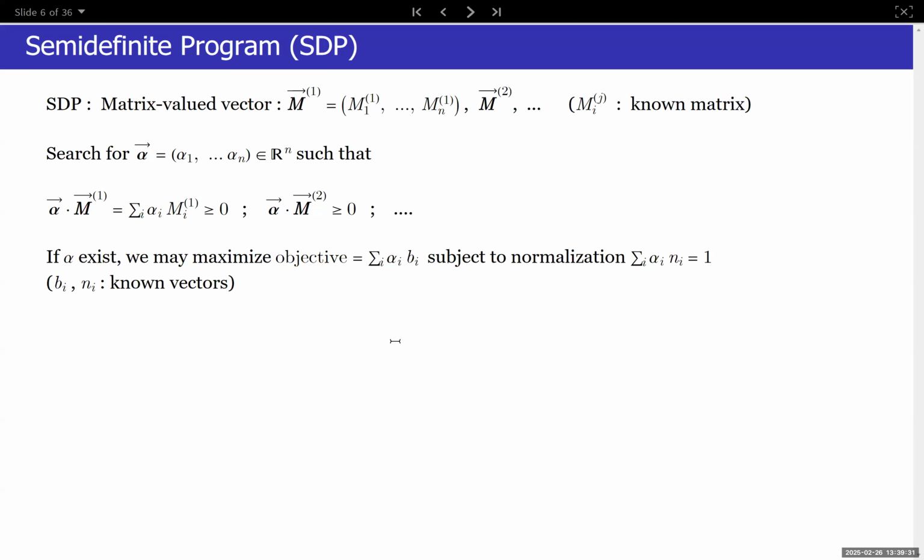In order to do this, we also have to normalize alpha in some way, so we can normalize alpha dot some other vector equal to 1. M is a real symmetric matrix.